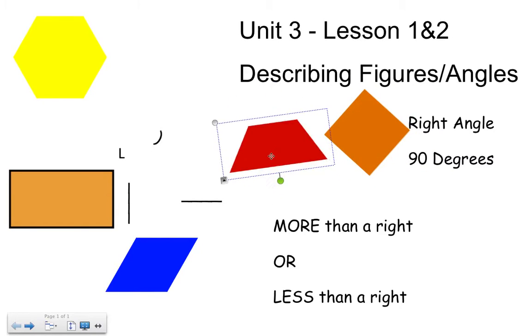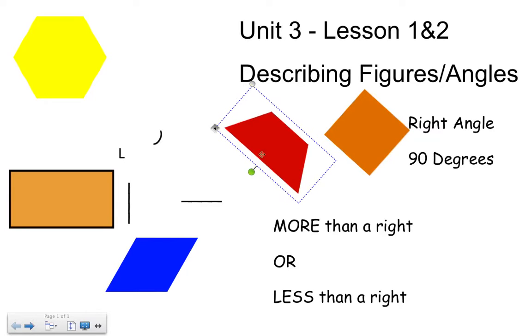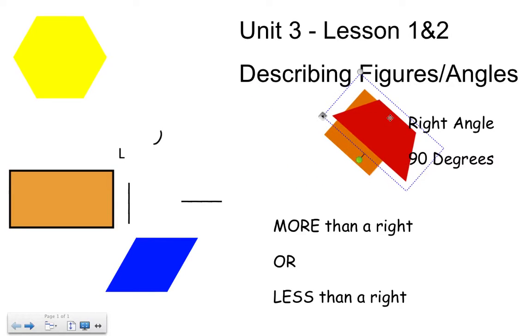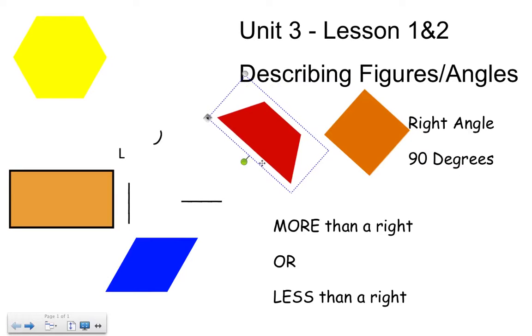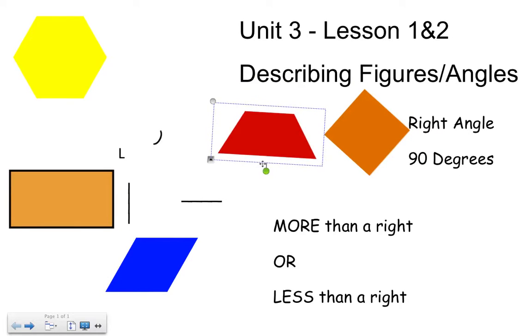However, when I look at this shape, this looks like it's more than 90. If I take this shape and put it over, if it extends, oh, look at that. So this angle is more than 90. So when I go to determine the angles in these shapes, I would say this angle and this angle are more than 90.